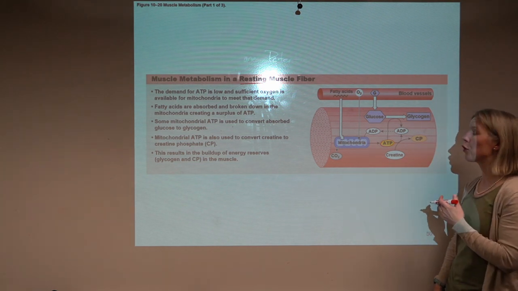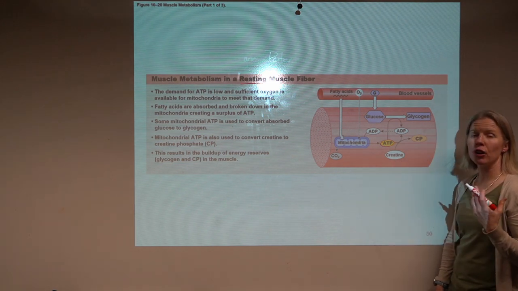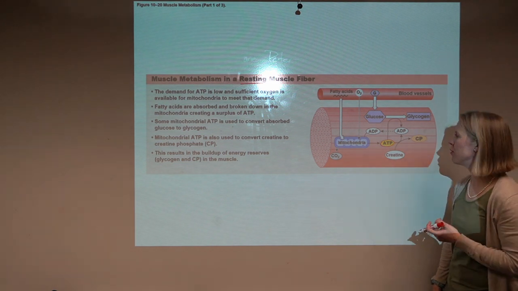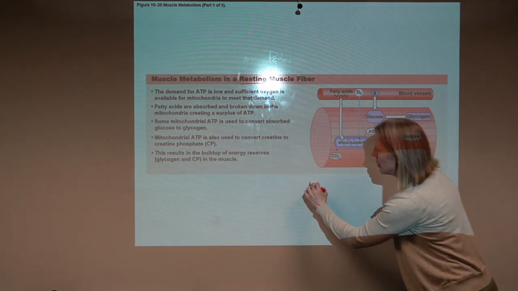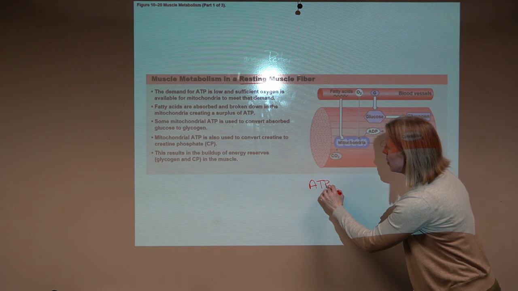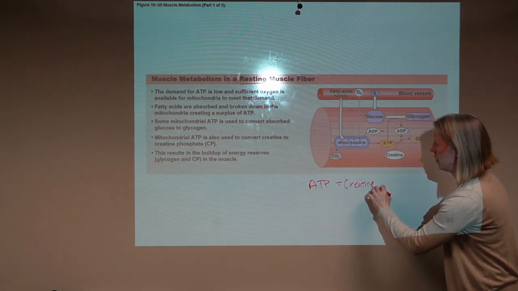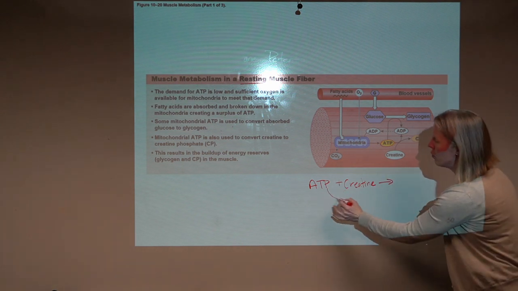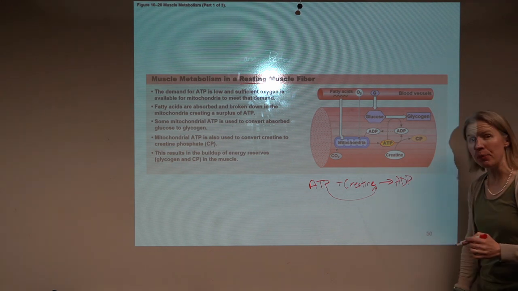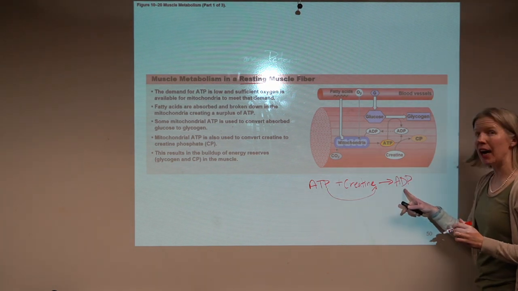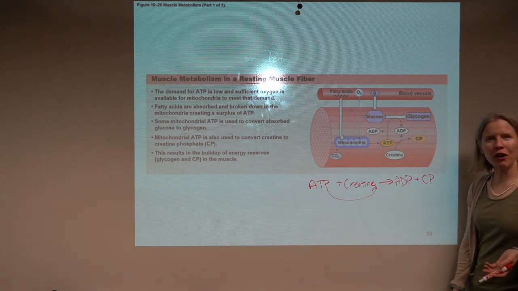So we're going to figure out this creative way to store this extra energy in the form of this phosphate group. In resting muscle, what's really common is to take ATP and creatine and move this phosphate over. So when we take it off, we go back to ADP, triphosphate, diphosphate, and what's called creatine phosphate.